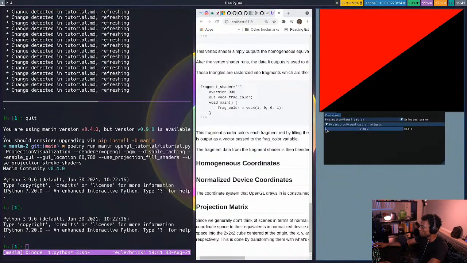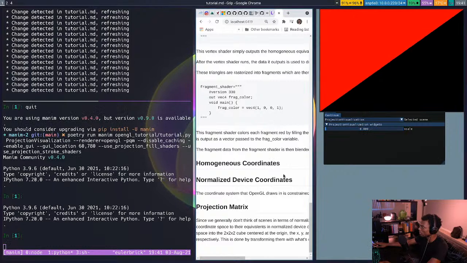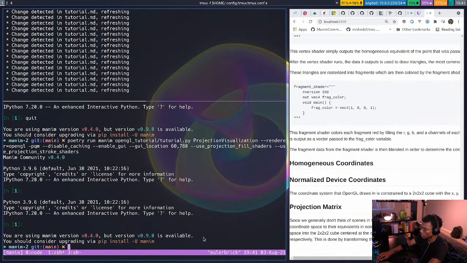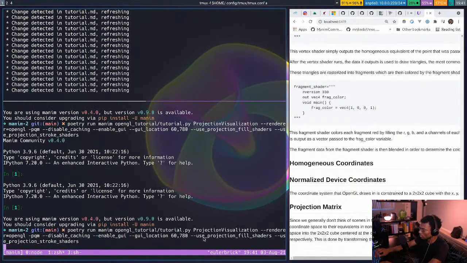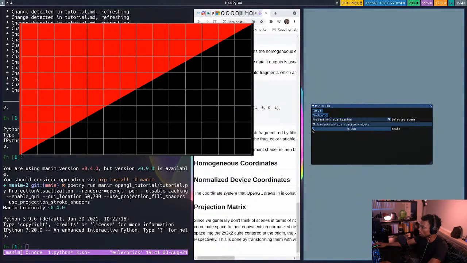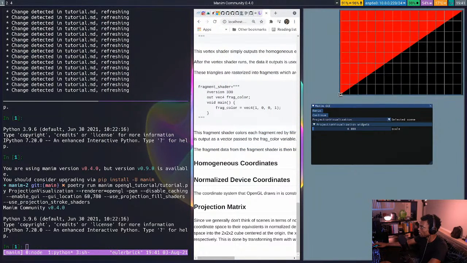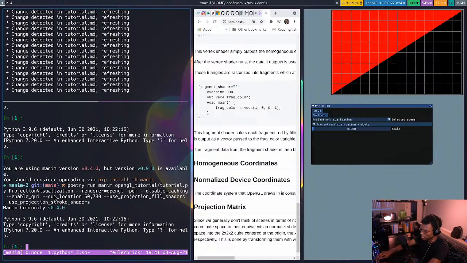Oh, I guess is this live updating? I can't tell if it's working or not because of the distortion. Great, it still works. And that's going to be a lot easier to understand.